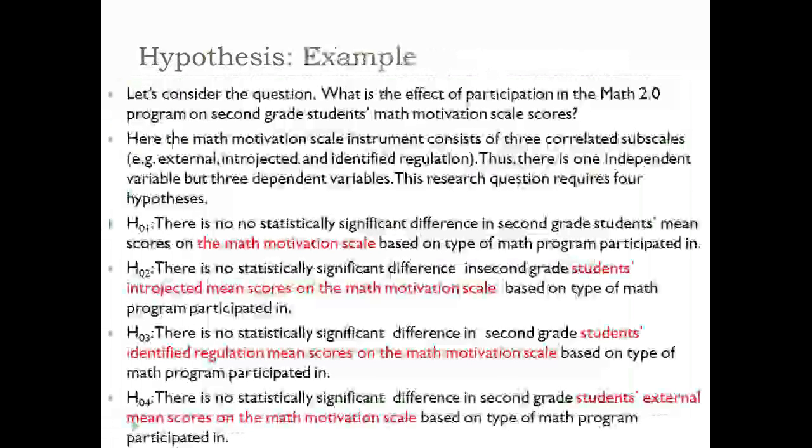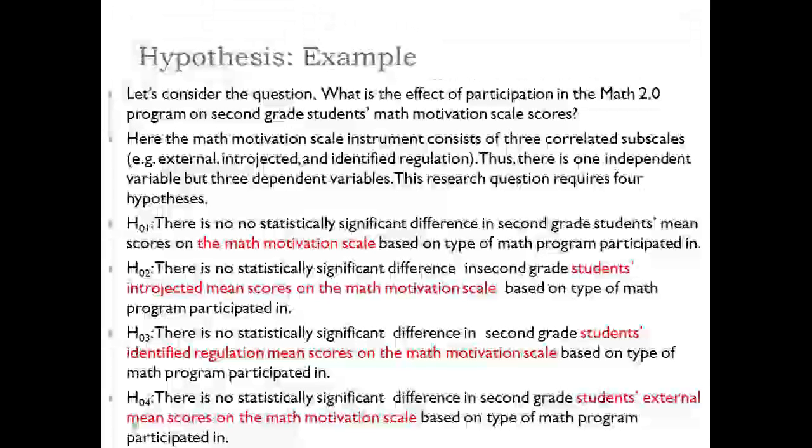Let's make this a little bit more concrete and look at an example. Here we can see the researcher posed the following question. What is the effect of participation in the Math 2.0 program on second grade students' math motivation scale scores? The scale being used to measure math motivation has 3 correlated subscales: external, introjected, and identified regulation.